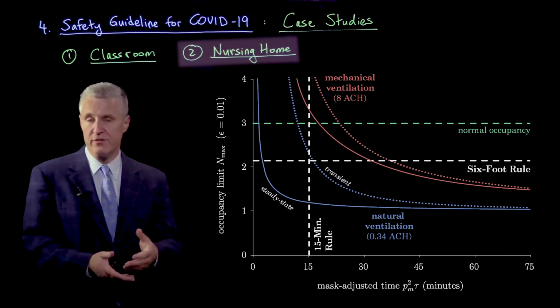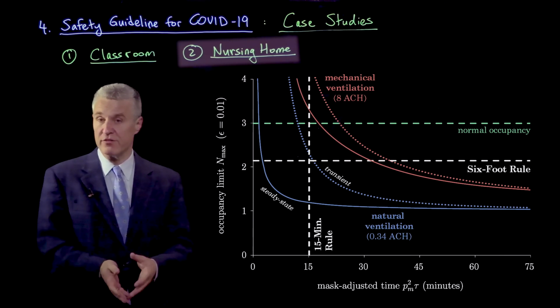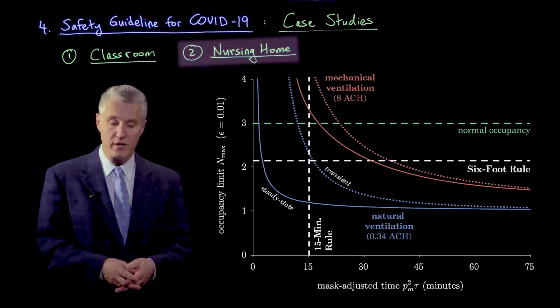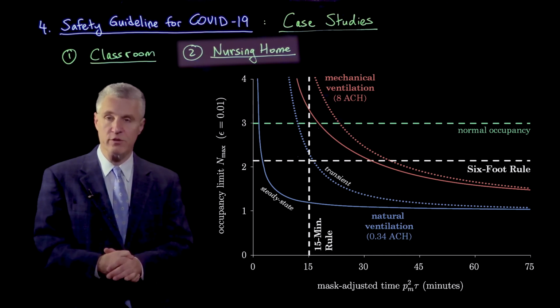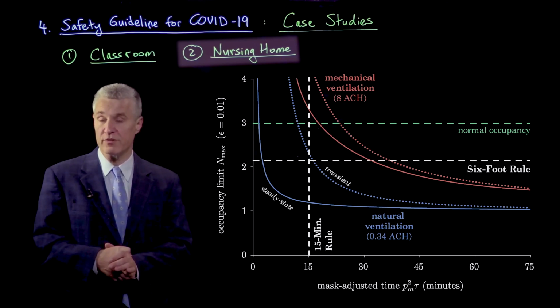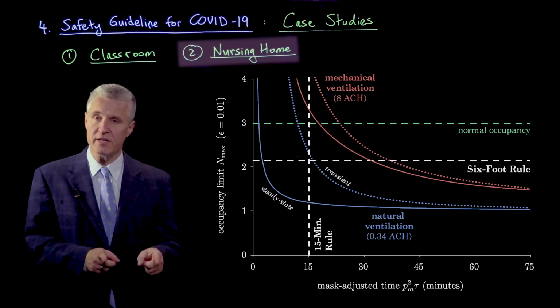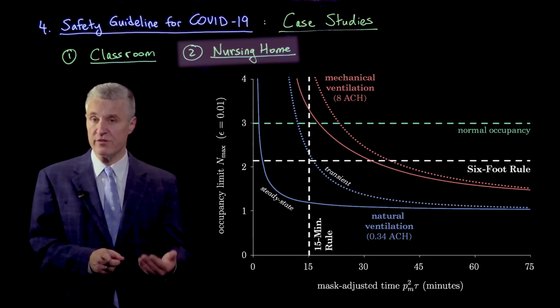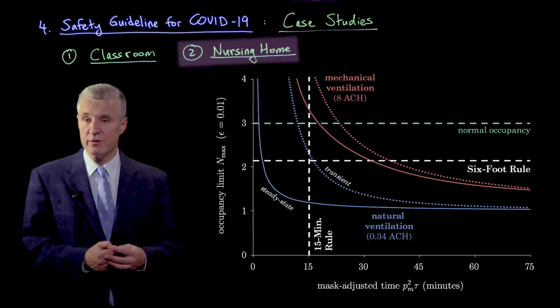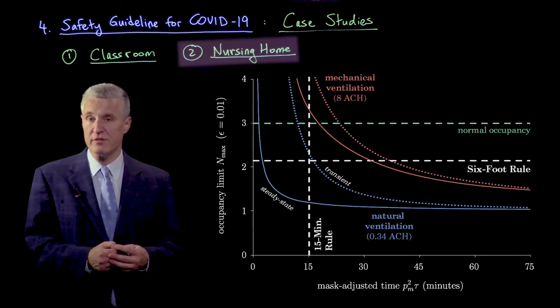Although in some cases, as in the example shown here, which is based on New York City nursing homes, the size of the space that we've assumed here would actually have a normal maximum occupancy of 3. So there could even be 3 beds in this space. And the point is that even if these beds are 6 feet apart, if the people are not wearing masks, or if a person enters the room who is infected who is not wearing a mask, the risk of transmission is actually very high.